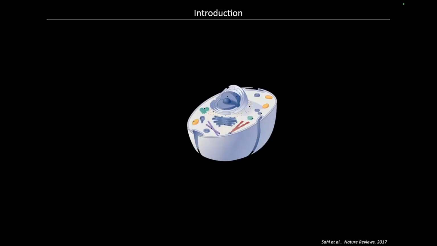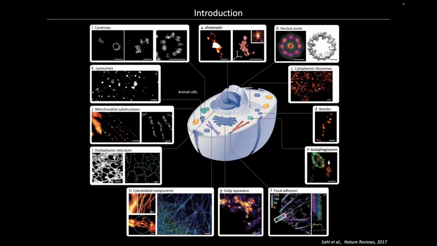As background, I like to introduce this technique this way because I'm a cell biologist by training, and I have always been fascinated by how the organelles look inside an animal cell, here a mammalian cell. And I am obviously not the only one, as you can see from this picture.